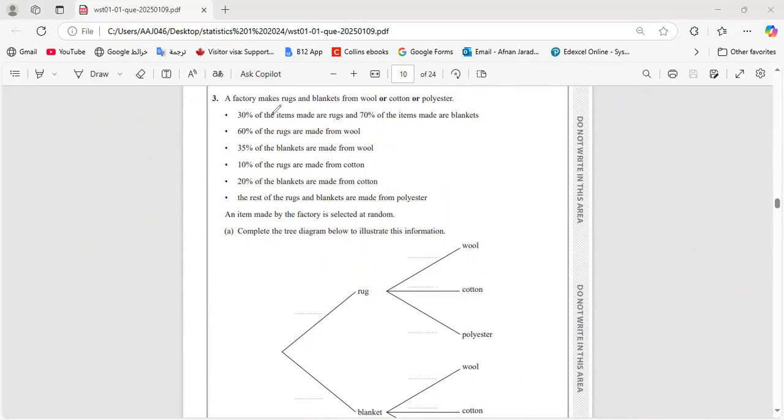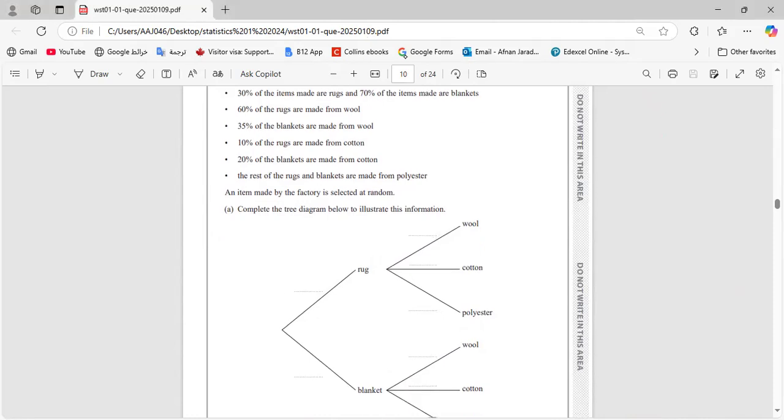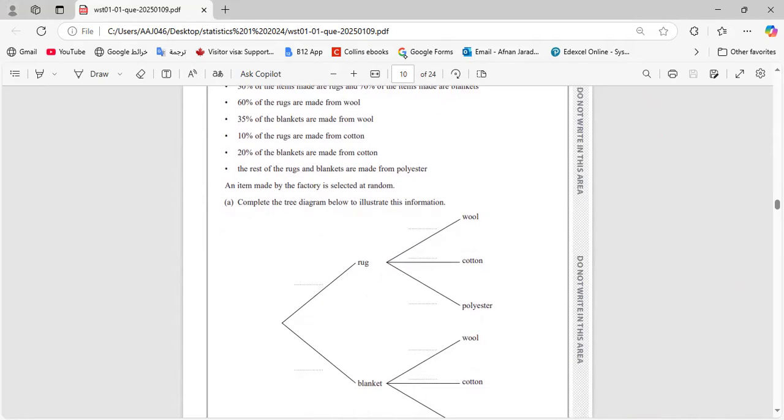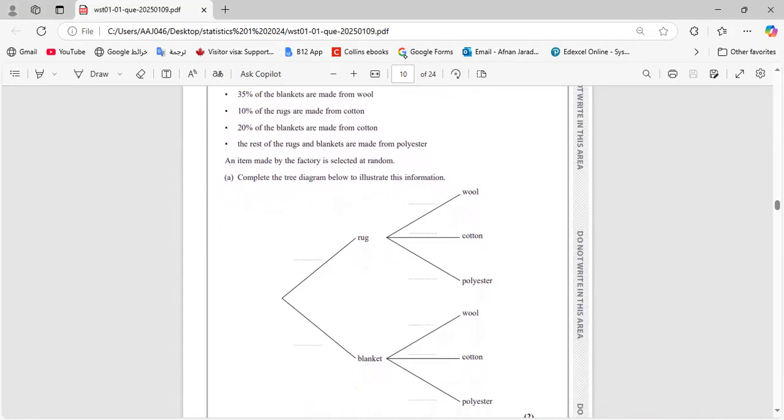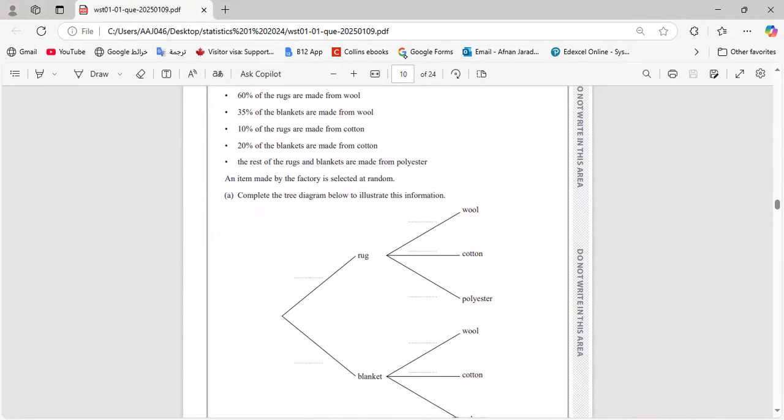So 30% of the items made are rugs and 70% of the items are blankets. So here I need to write rugs and blankets. Let me make it like this, 0.3 and 0.7.